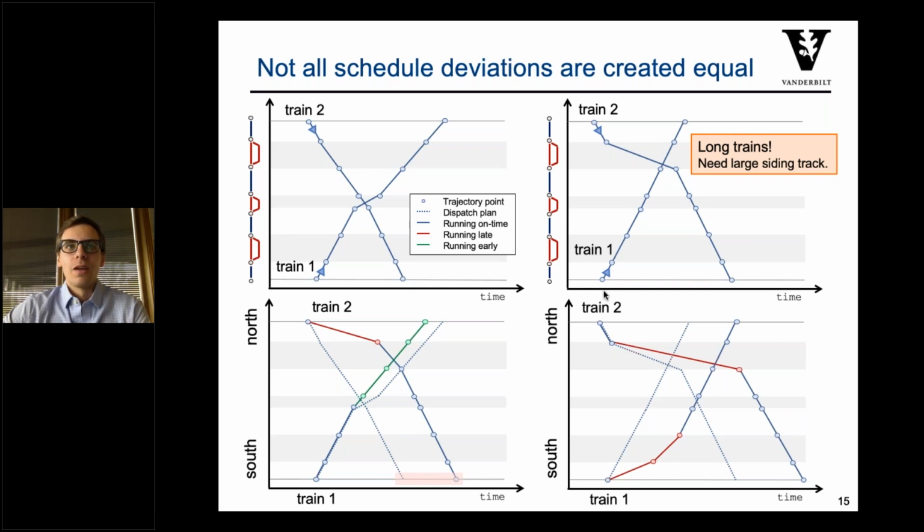So this is a classical example of that interdependence between trains and how one small deviation from the schedule can have a ripple effect to other trains and other portions of the network.